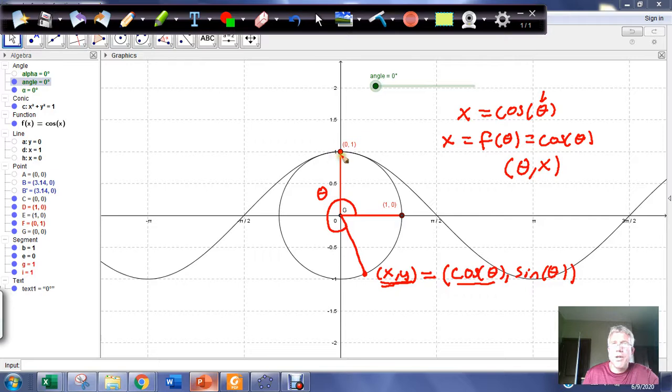So when I draw the cosine function, which I have drawn in here using GeoGebra, the outputs for the cosine function are really the x coordinates on the unit circle, and the inputs are theta, the angle through which we have rotated as we rotate around the unit circle.